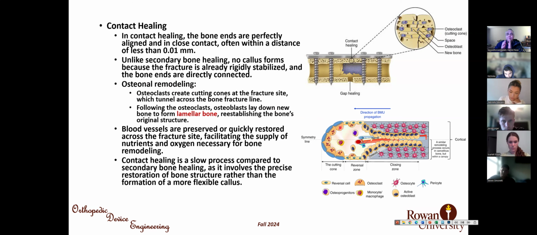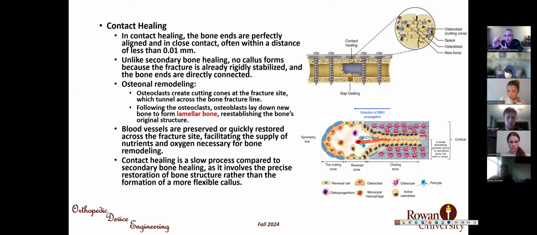As we discussed before, in bone we have osteoclasts, which resorb the bone. We have osteoblasts, which secrete or create the bone. And we have osteocytes, which are dormant bone cells inside the hard bony tissue.